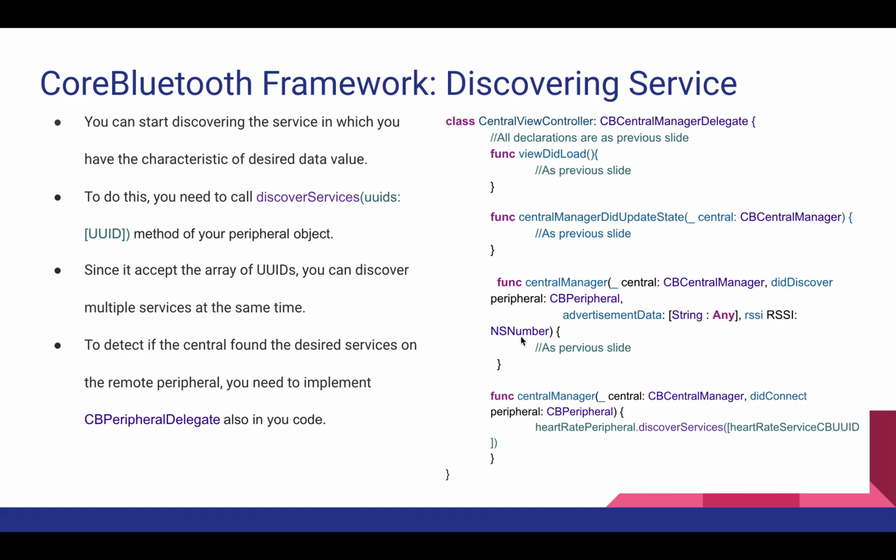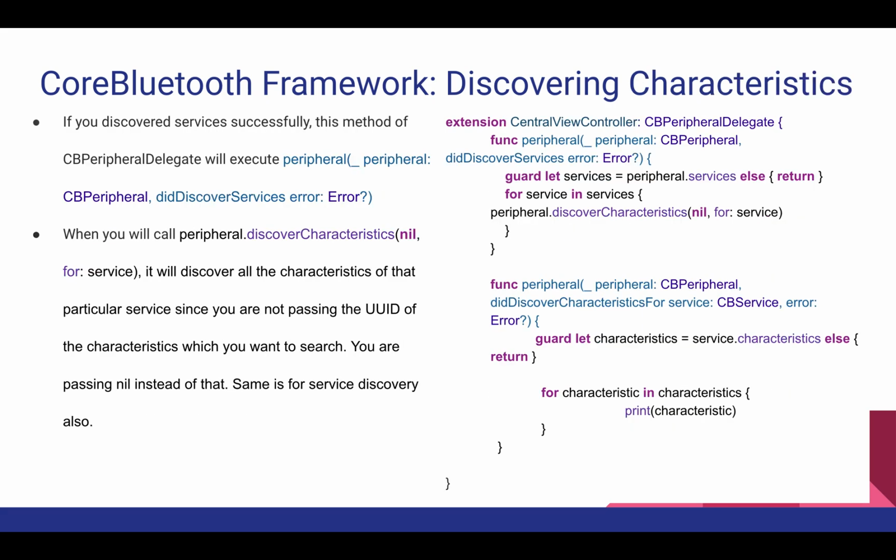So here we are calling our discover service function, which accepts the array of UUID as a parameter. It means we can search many services simultaneously. So the next step will be discovering the characteristic.